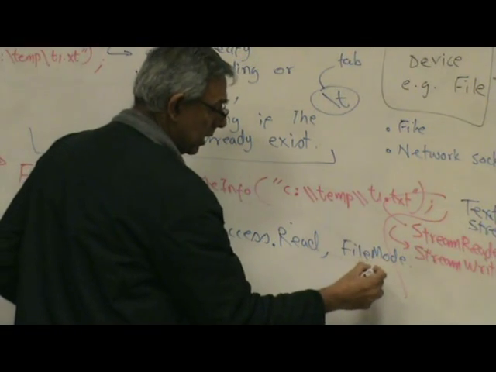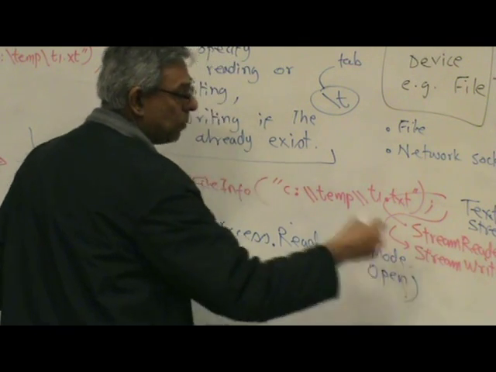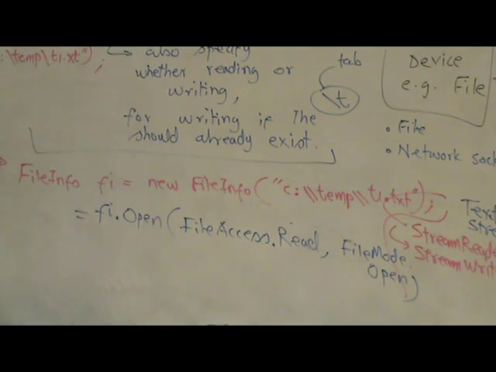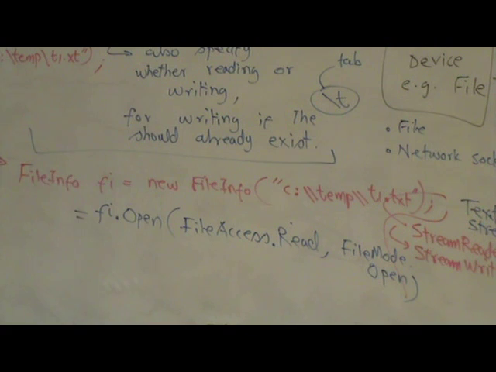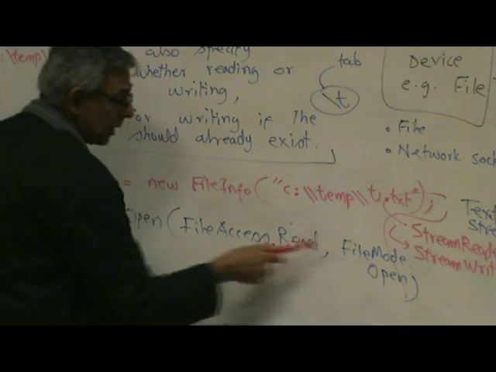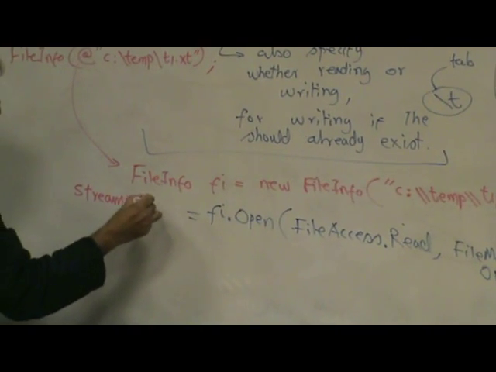So FileMode dot Open, and you have other choices like Open or Create or something like this, right? So we call the Open method, and we always give it two parameters. Okay, so if you give it two parameters, then this will return a stream object.